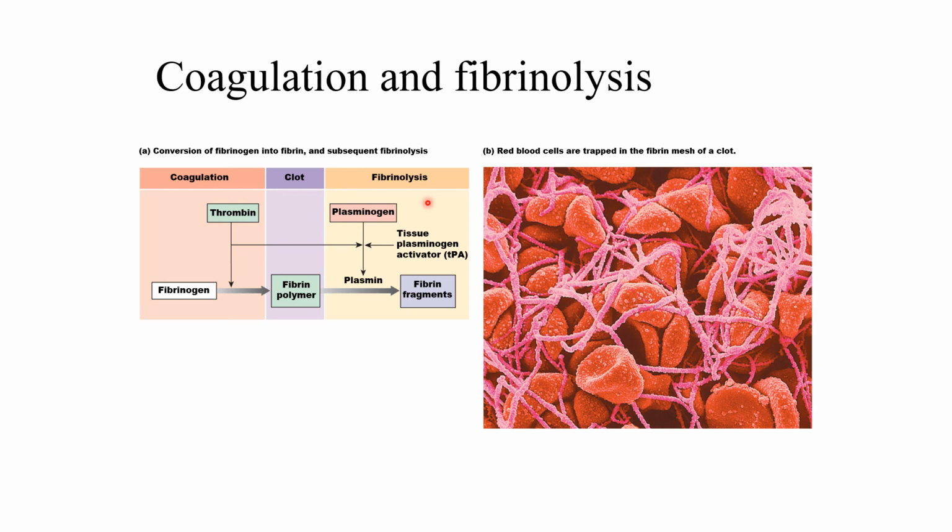And so the problem could be that they are not going to be able to make enough of those clots, and therefore, when they are injured, they are going to bleed profusely because they are making very little amounts of those clotting factors.